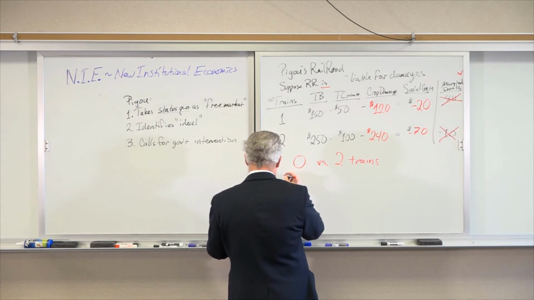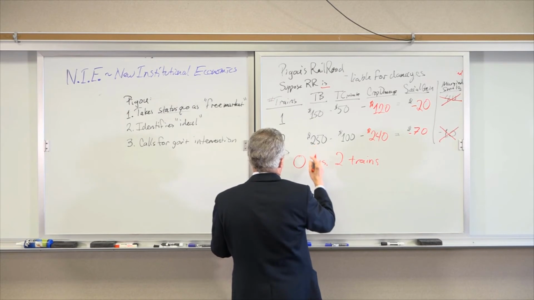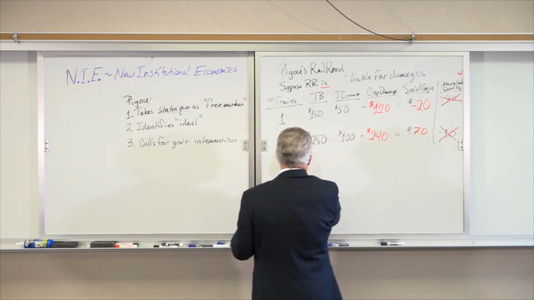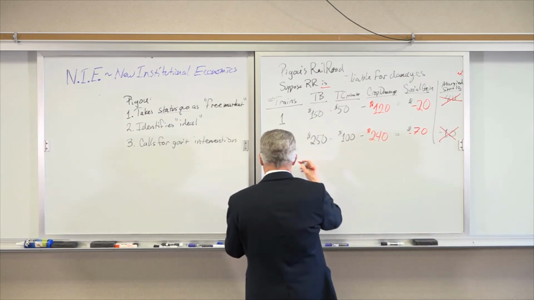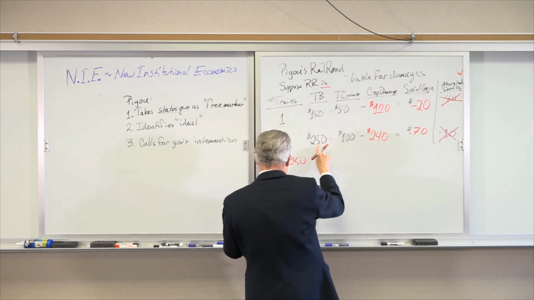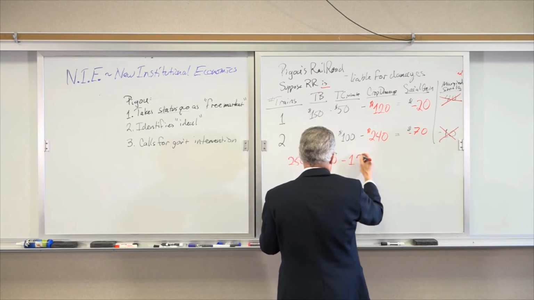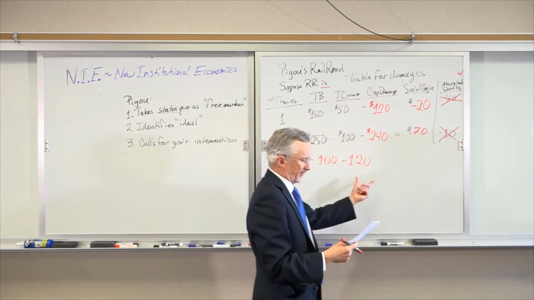And we can see that in these numbers, where the total benefit of 2, I guess we'll just write it this way. Total benefit would be 250, that's this gain, minus the $100 in total cost, minus the 120 in the foregone value of the crop.